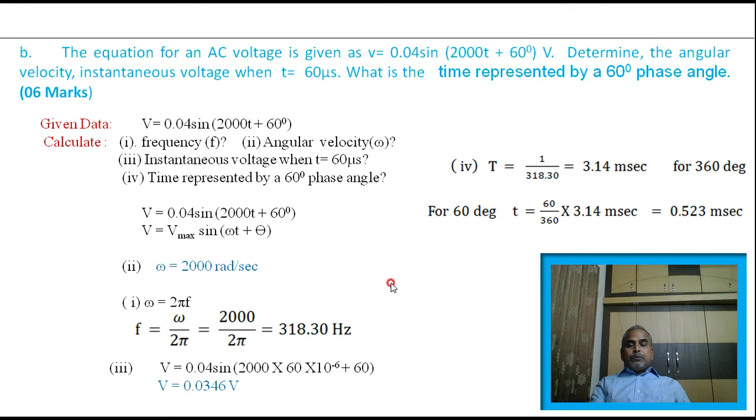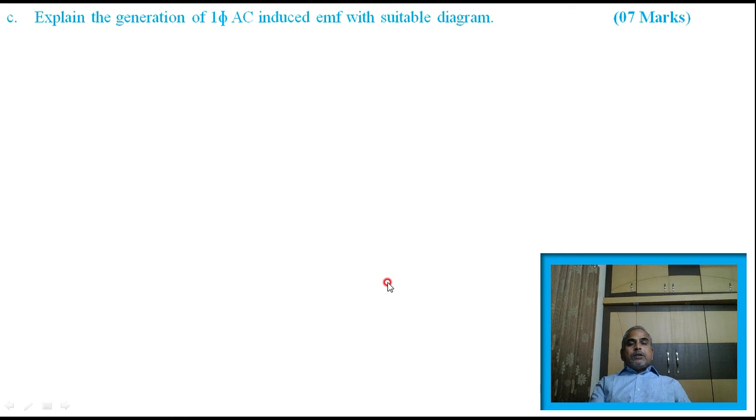Then you will move on to question number 2C, which is a theory question. Explain the generation of single phase AC EMF, induced EMF with a suitable diagram. He asks you to explain the generation of single phase AC, that is the AC voltage or AC current you get from the AC generator, which is nothing but your alternator.